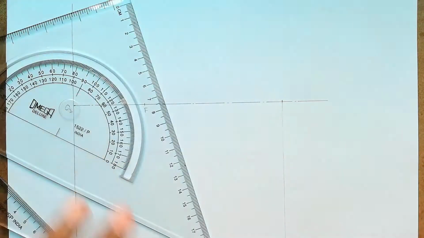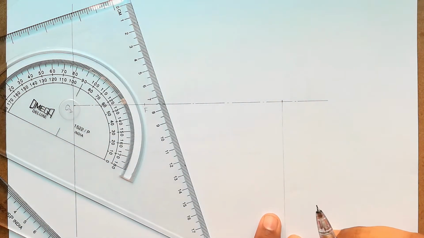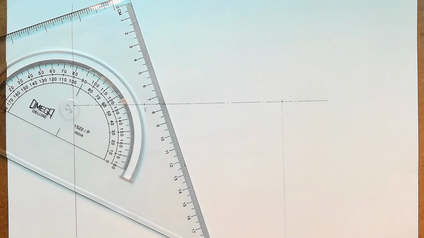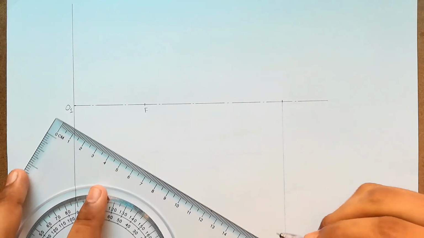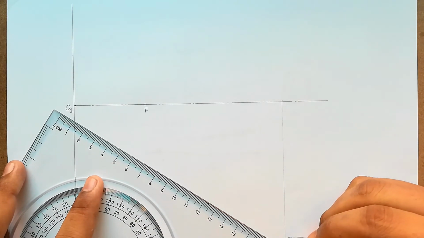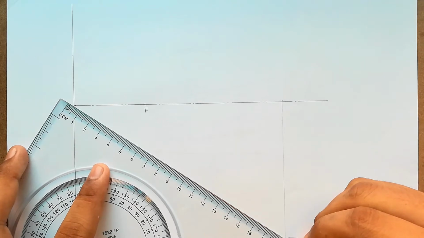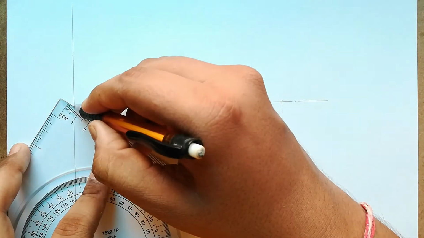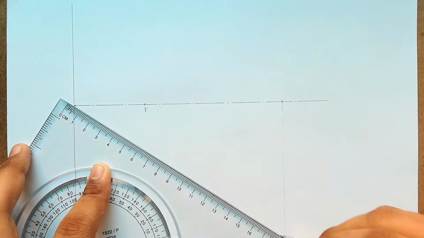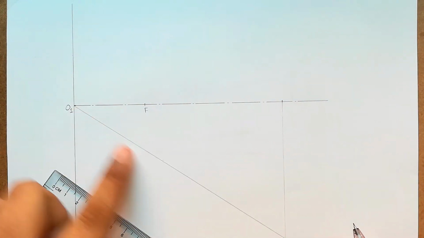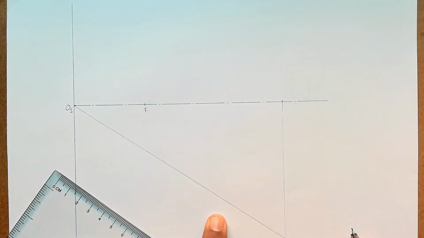So over here I have the 100 mm. Now I will connect that point with the intersection over here. So this line is my eccentricity line. The line that I have drawn is my eccentricity line.